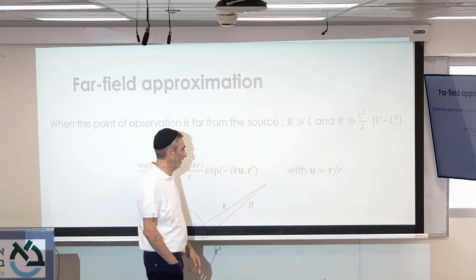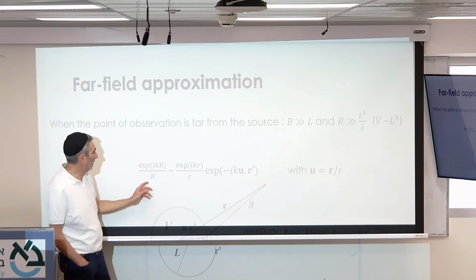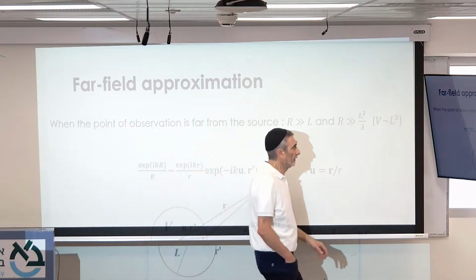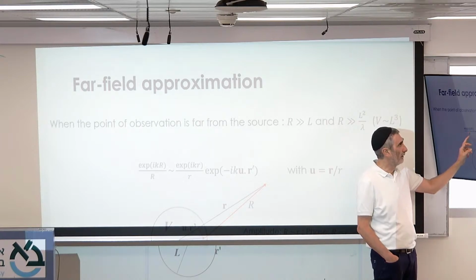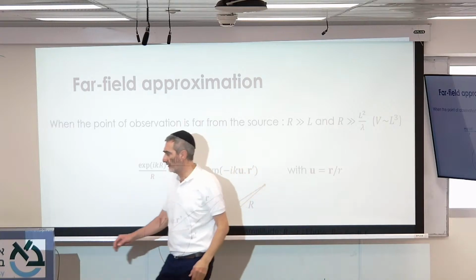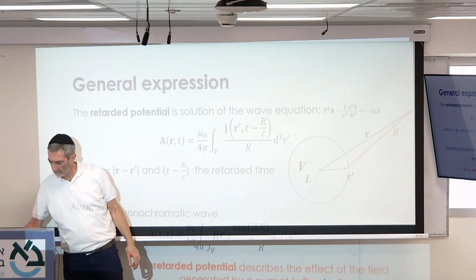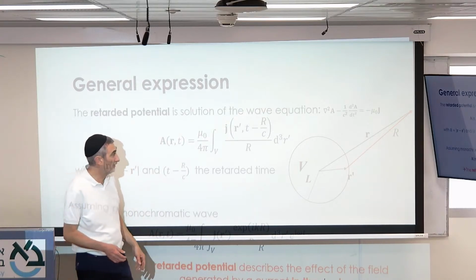I'm not going into detail here. So the approximation is like that: exponential ikR over R. Oh, sorry, I forgot because it's hidden here.